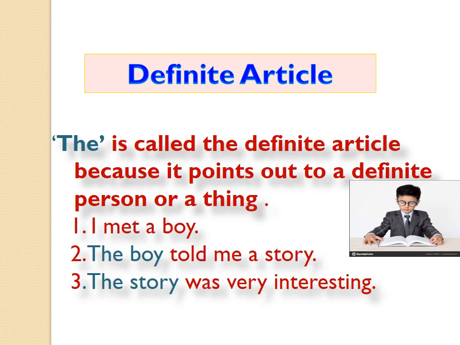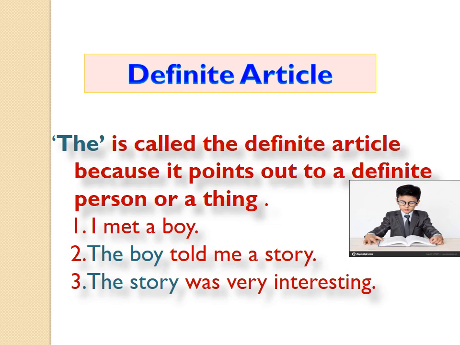The first is indefinite, under which we have already discussed a and an. And the second is the definite article that we are going to discuss today. So let's start with the definite article. The is called the definite article because it points out a definite person or thing.